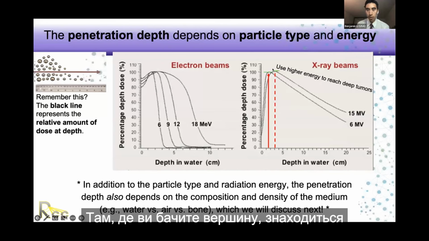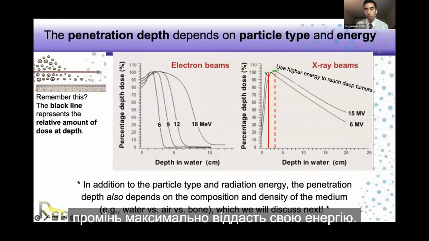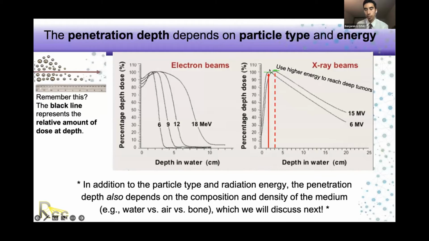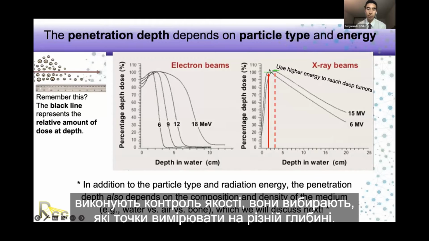Where you see the peak, this is where the beam will maximally deposit its energy. Well, this comes down to physics, because when they're doing their QA, they're choosing what points to measure at different depths.